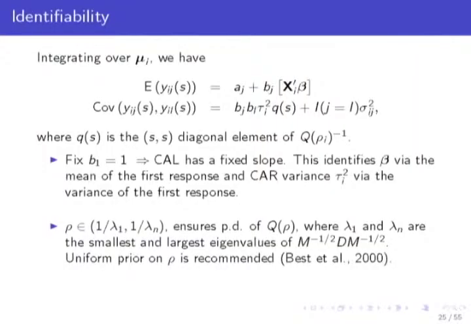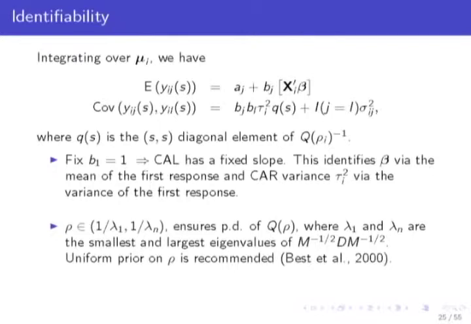Now, when you introduce these factor models, there are obvious concerns of identifiability. Because if you integrate over mu i, then you get these moment expressions. So what we did was, you can fix, there are many ways to do it.